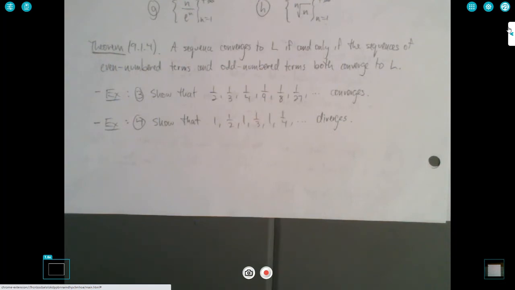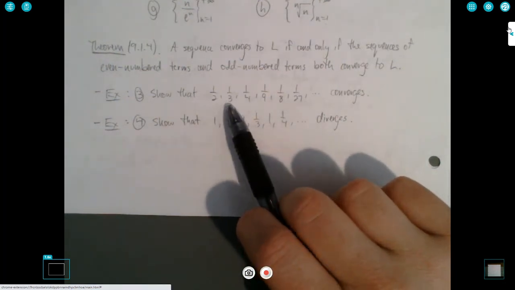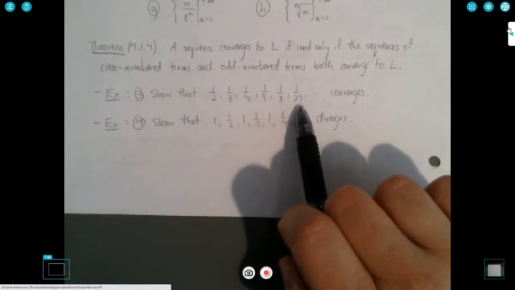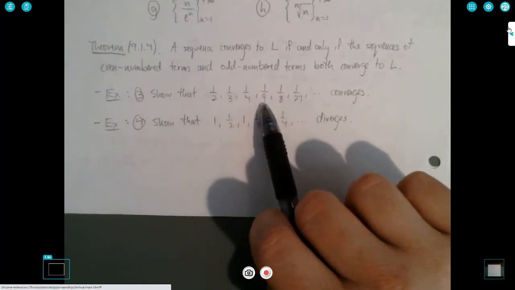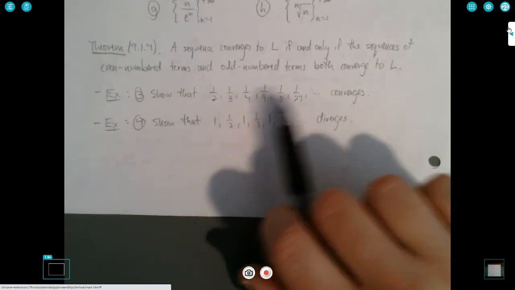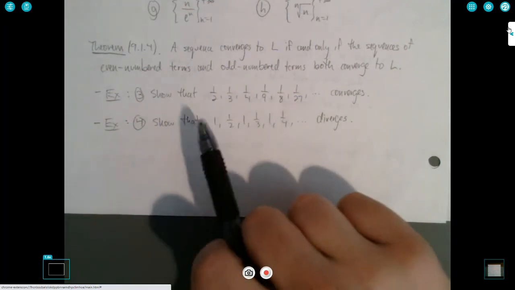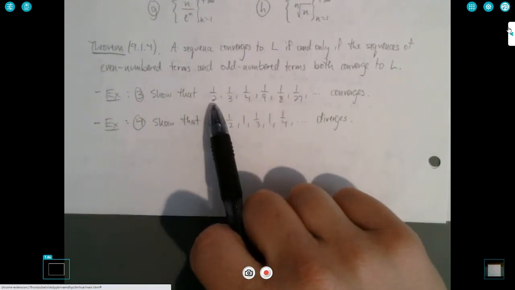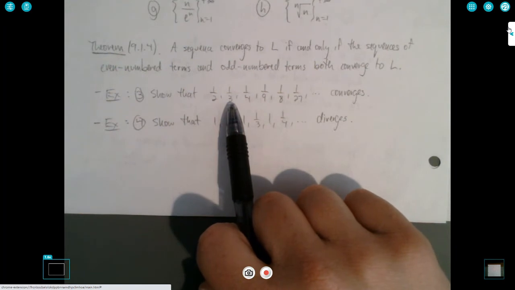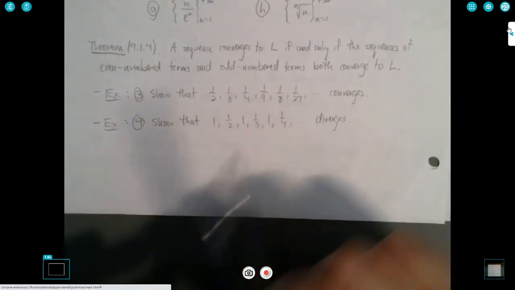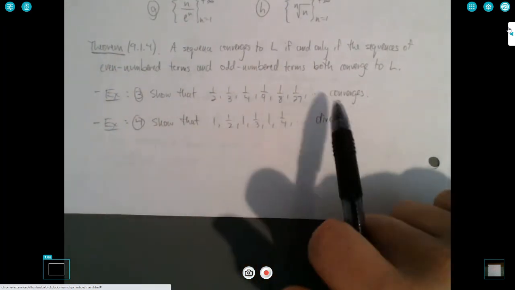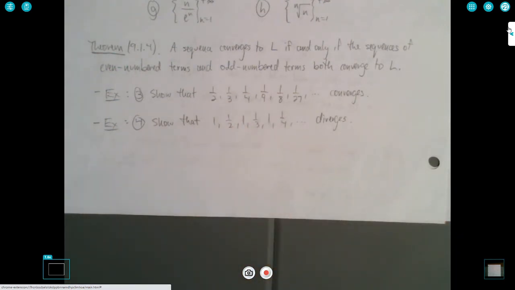The even numbered terms are 1/3, 1/9, 1/27. That's 3 to the first, 3 squared, 3 cubed, so the even numbered terms are 1 over 3 to the n. Well, 1 over 2 to the n goes to 0, and 1 over 3 to the n goes to 0, and therefore this sequence is also going to go to 0. It converges to 0. That would be the proof of that one.